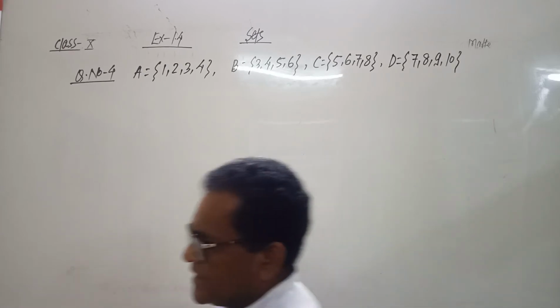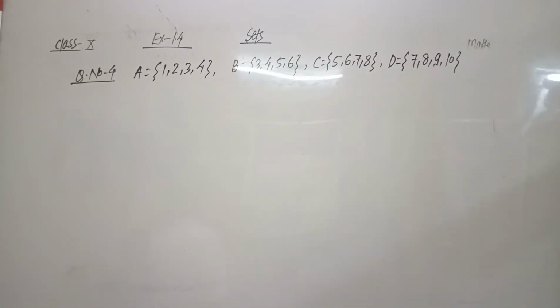These are the four sets given: A, B, C and D.